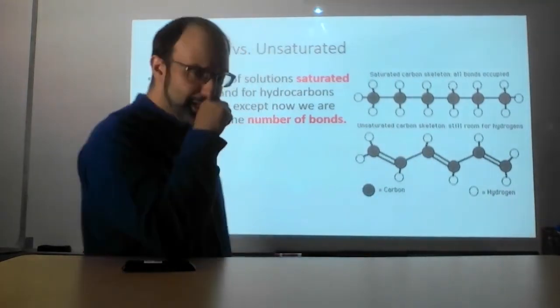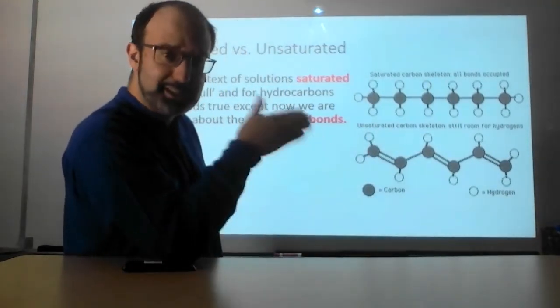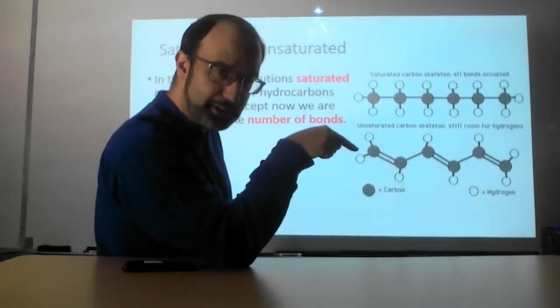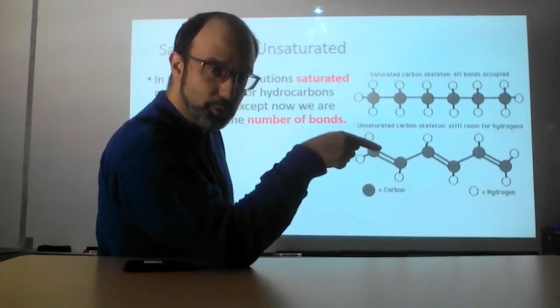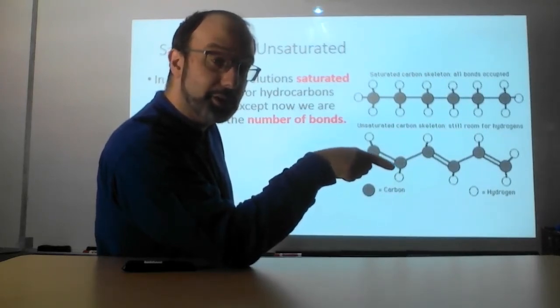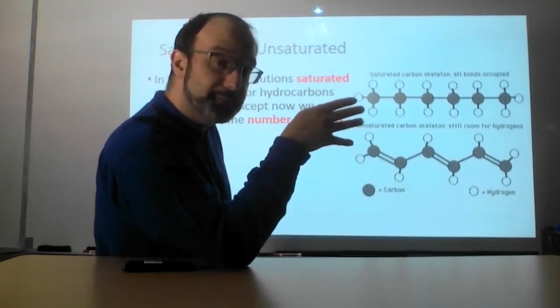But what do we see, right? The carbon still needs the same number of bonds. It still needs 4 bonds. So what does the carbon do? This carbon has 2 hydrogens, that's 2 bonds. It's got 1 bond to the other carbon, that's 3 bonds. And then it's got 1 more bond to the other carbon, that gives it 4 bonds.